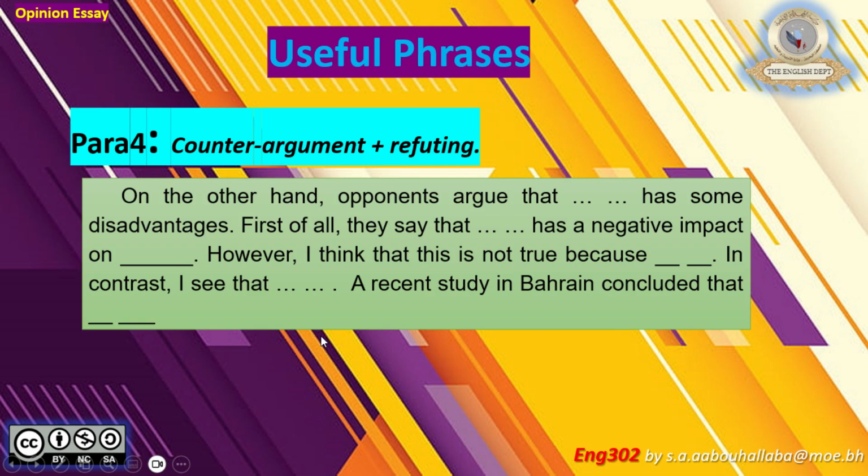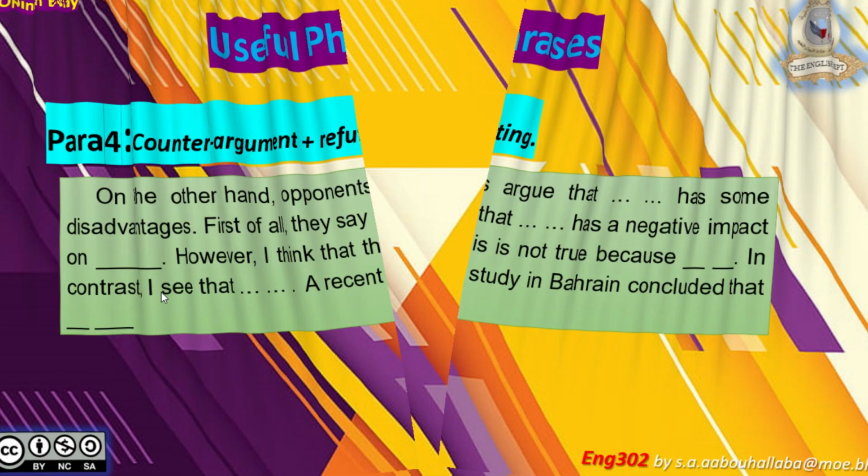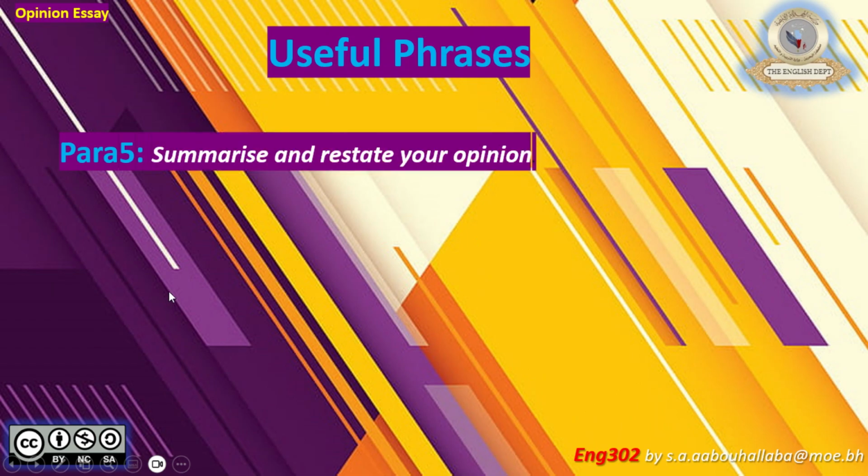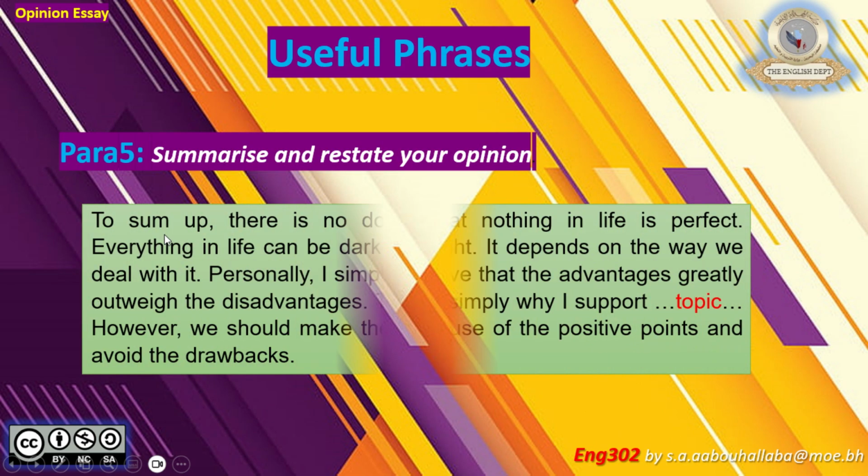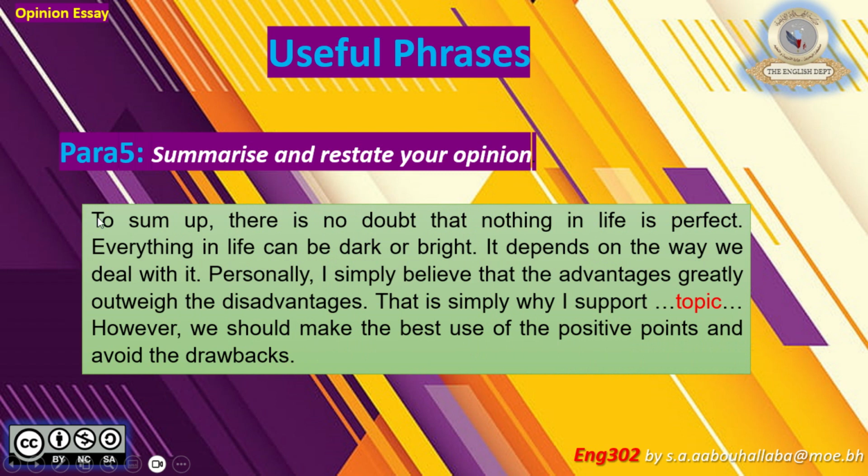So I refer to a survey in the second paragraph, and I refer to a study in the fourth paragraph. Here we come to the end, to the conclusion, where we are going to summarize and restate our opinion. It goes like that. To sum up, there is no doubt that nothing in life is perfect. Everything in life can be dark or bright. This is very general about things that are against each other.